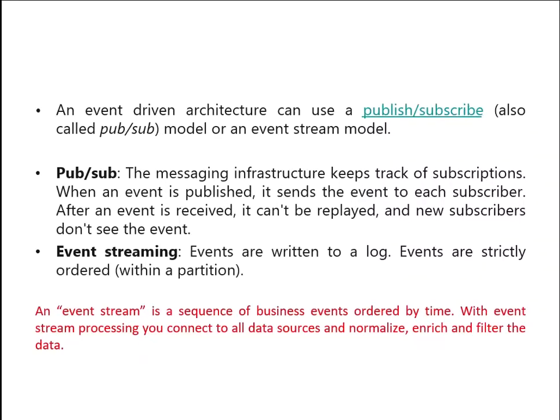An event-driven architecture can use the publish-subscribe model, also called the pub-sub model, or the event stream model. So what is a publisher and a subscription? Publishing is actually message publishing. For that, the message infrastructure keeps track of the subscriptions. When an event occurs from the producers and it is published, it sends the event to each subscriber. A subscriber is actually the receiver. Whenever one wants to become a consumer, he must become a subscriber.